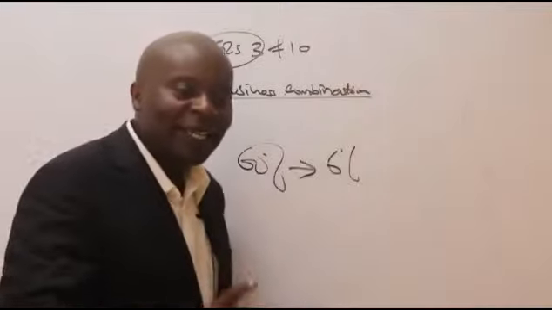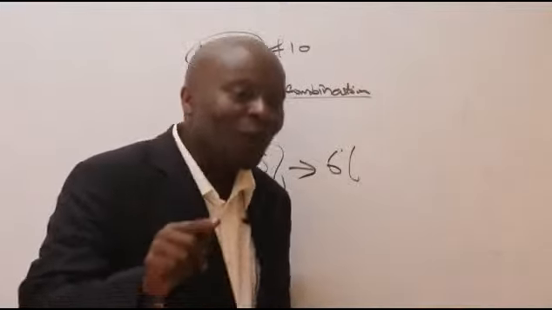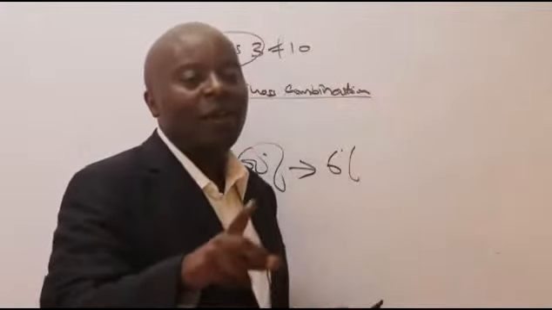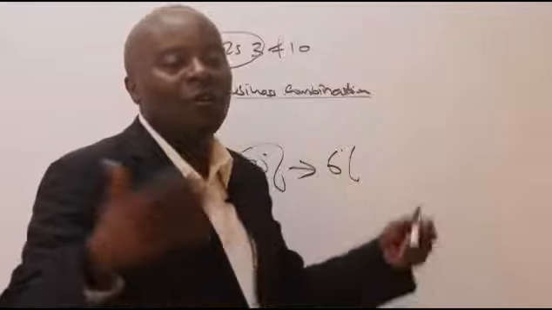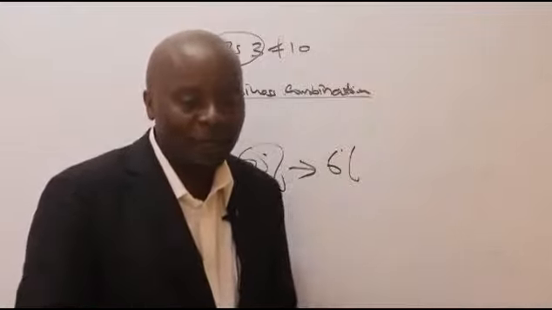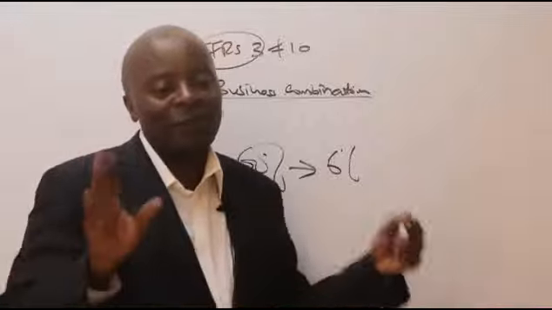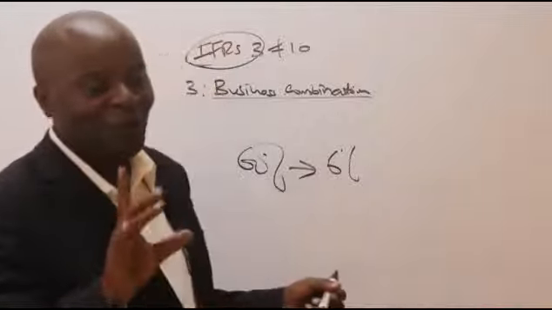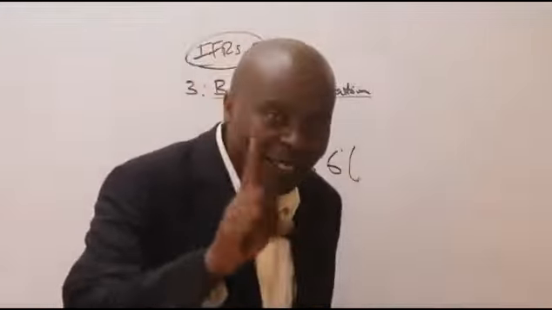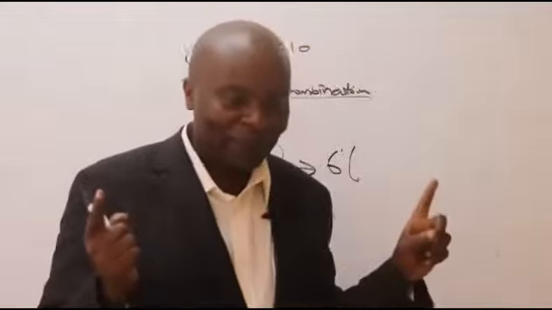So, ladies and gentlemen, it is all about who is in control. It's no longer about who has over 50%. The threshold of over 50% is no longer there. So I would want to hear from you whether you now understand the concept of parent and subsidiary.